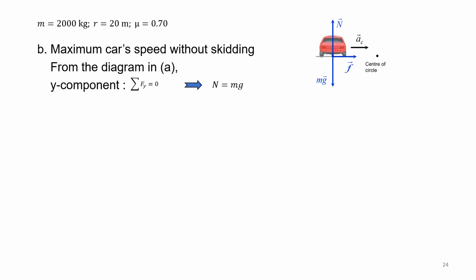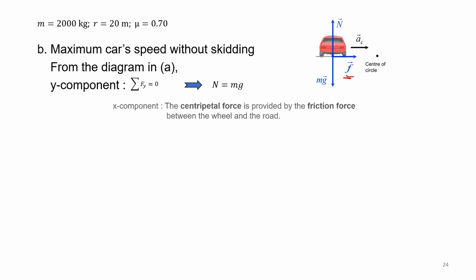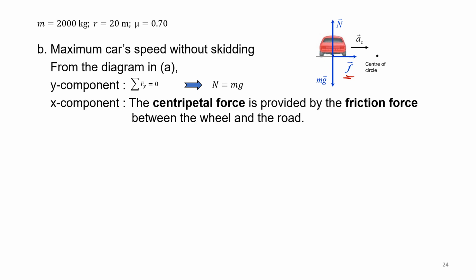Meanwhile, in X component, the friction force is the only horizontal force acting on the car, which means the centripetal force is provided by the frictional force between the wheel and the road. So we can write the summation of force in X component is equal to the centripetal force. So the only force that we have in X component is the friction force.